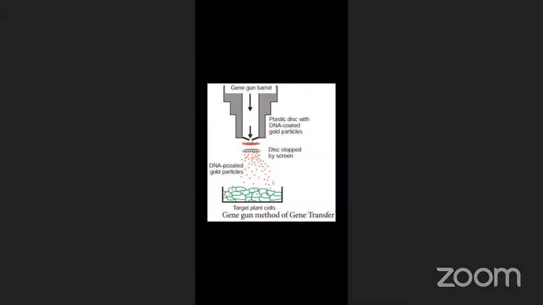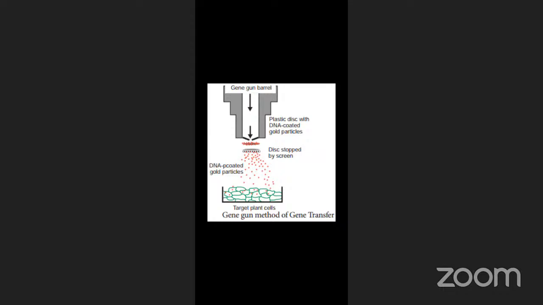In our book, under non-vector mediated, only the gene gun method is given, and the others are DNA absorption, cell place DNA shock, and electroporation. The first one, let's see the gene gun method. What is gene gun? So this is the gene gun method.